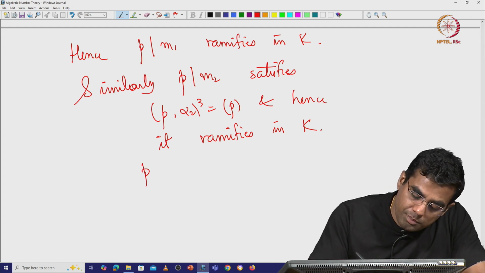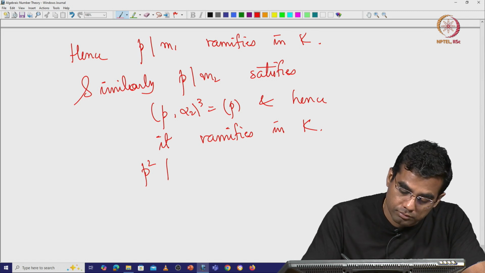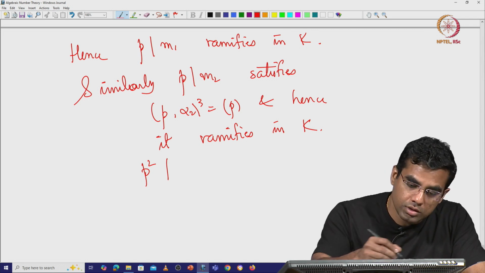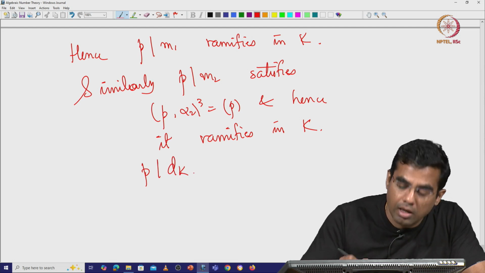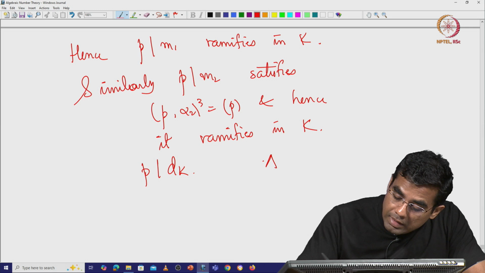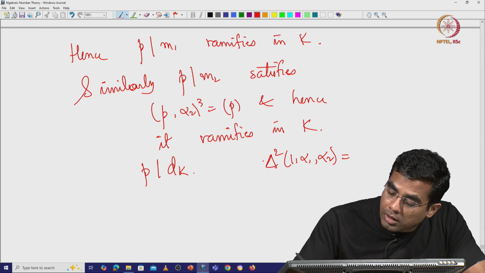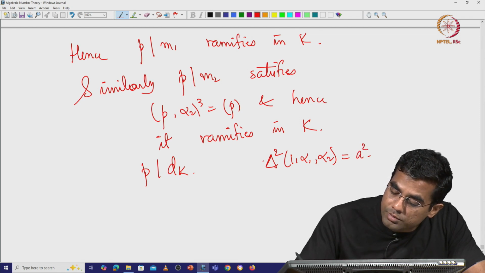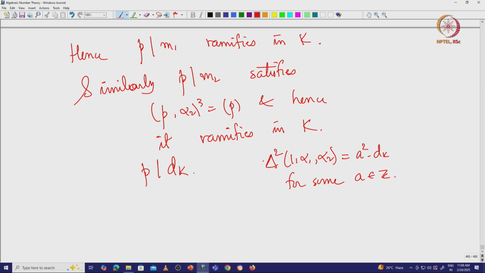So, this means that p square divides, so this means that p divides dk, and we know that delta squared of 1, alpha 2 is equal to some a square times dk for some a in Z, right.